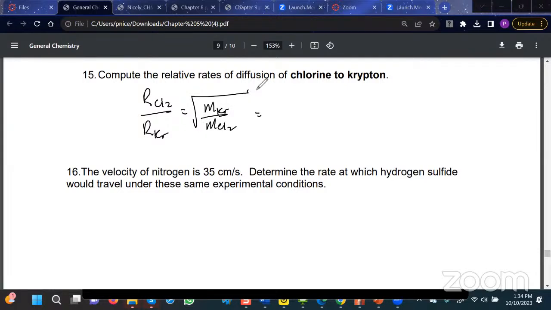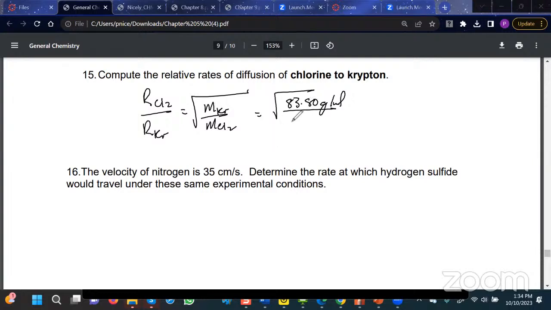For krypton, the molar mass is 83.80. So we're going to put the square root of 83.80 grams per mole divided by the molar mass of chlorine. Chlorine is 35.45 times 2.